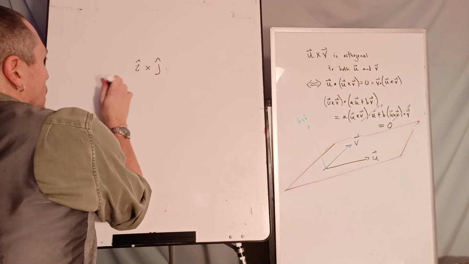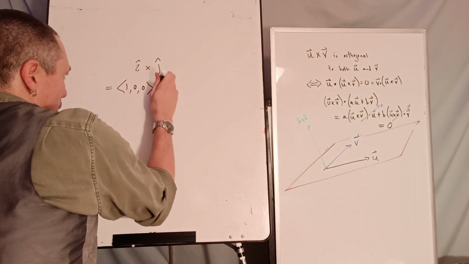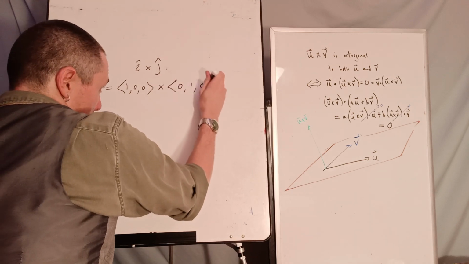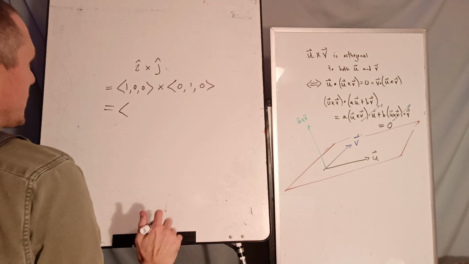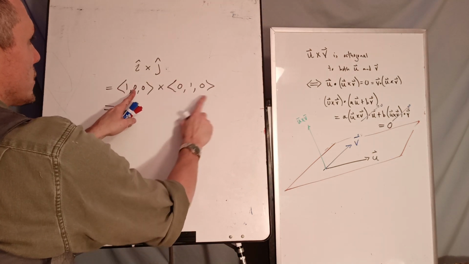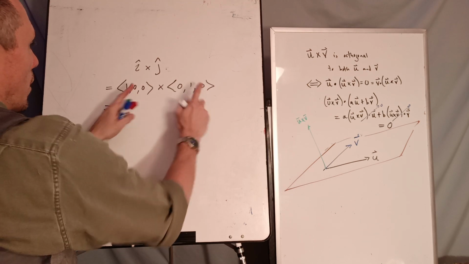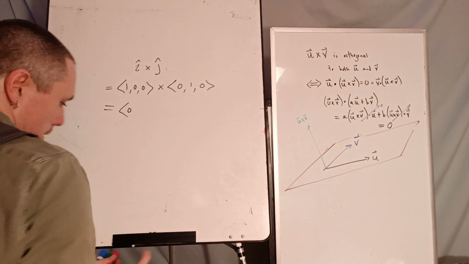This is 1, 0, 0 cross 0, 1, 0. And so we take it from the definition, right? We look at this one times this one, that's 0 times 0.